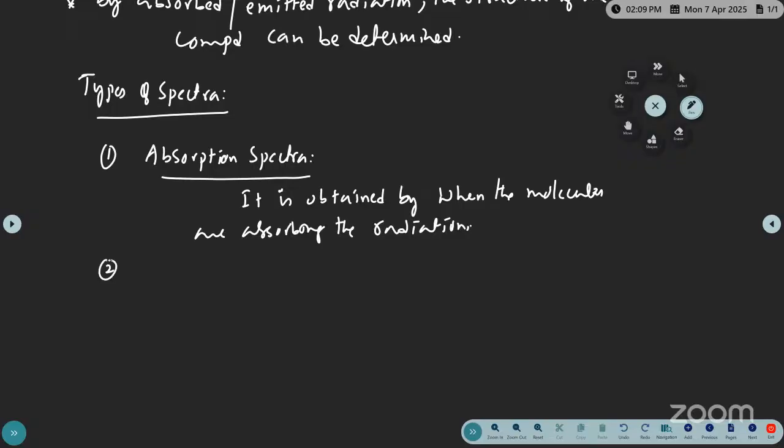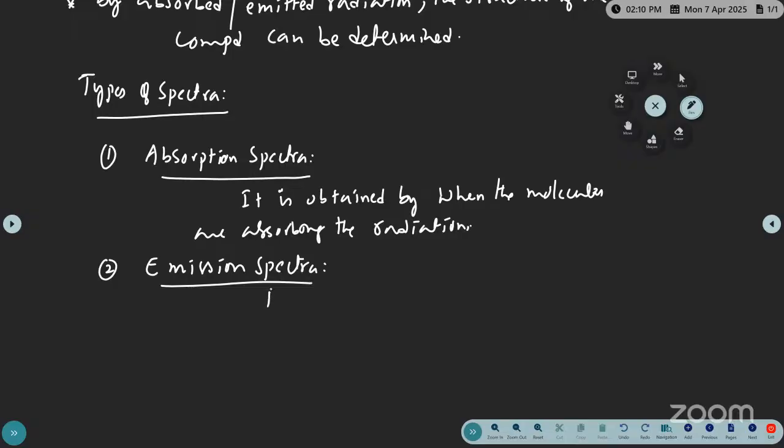And the second one is emission spectra. Basically the spectra are two types: absorption spectra, by absorbing the radiation we can determine the structure, and emission spectra, by emitting radiation we also determine the structure of the compound. So what is emission spectra?